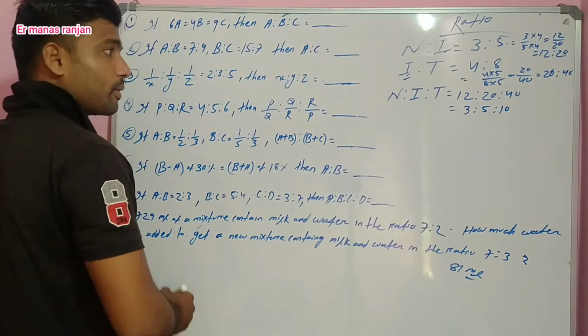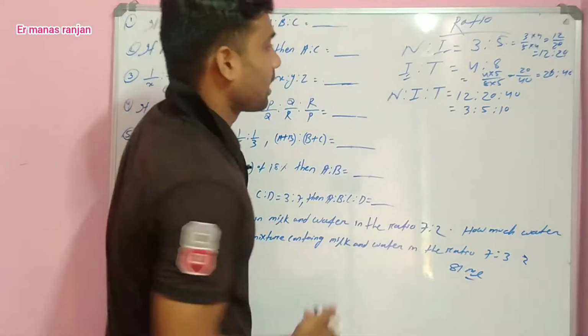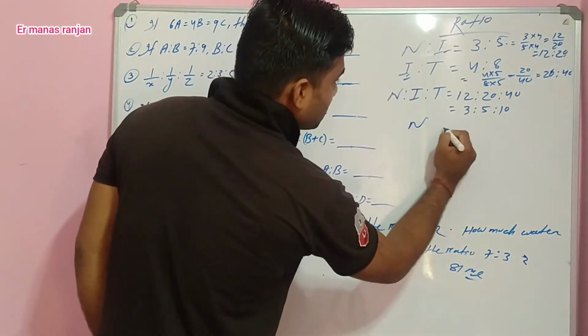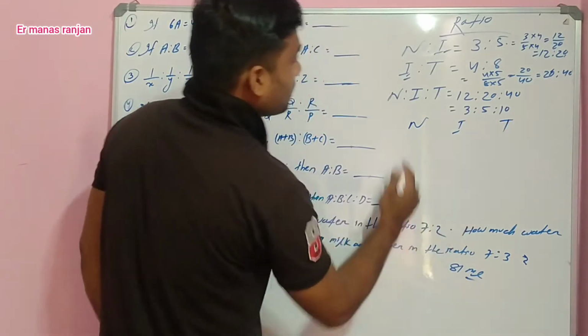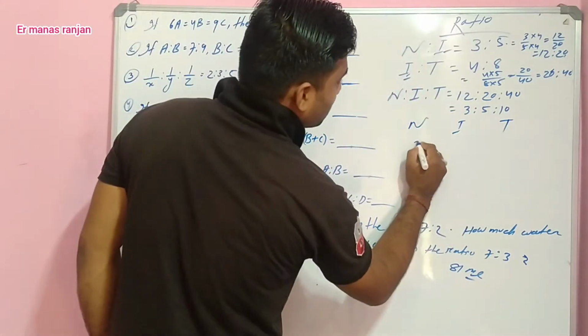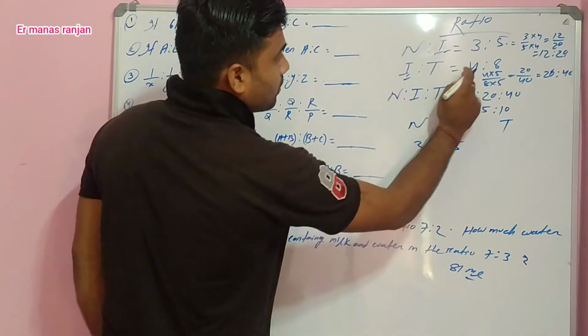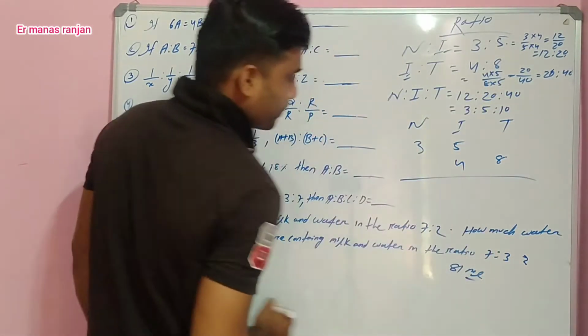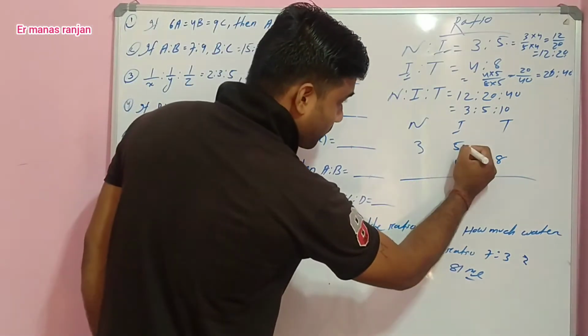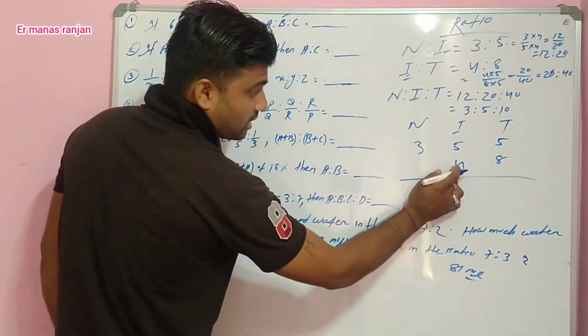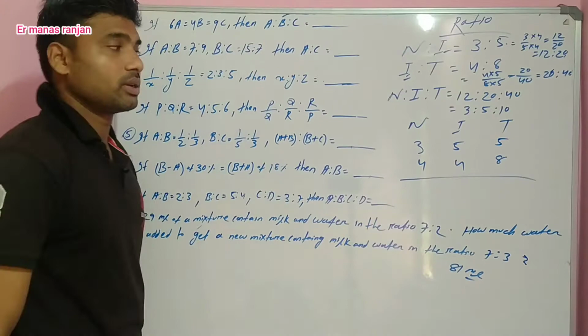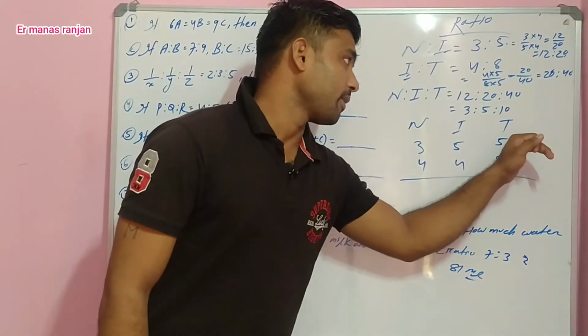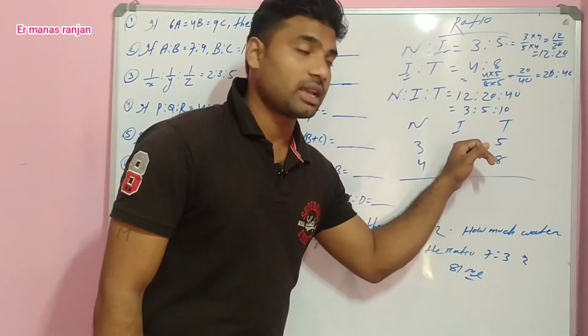Understood? We can also solve in another way. Nisit, Isant and Trishna. Nisit is to Isant 3 is to 5. Isant is to Trishna 4 is to 8. Here the last number is 5, so write down 5 here. Here the last digit is 4, write down 4 here. Look at the right side: if there is a blank space, look at the last digit.